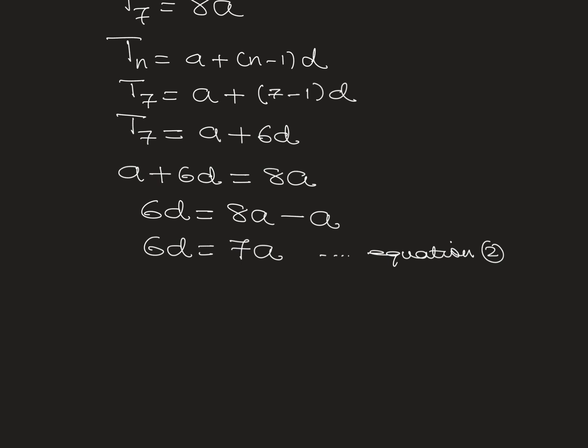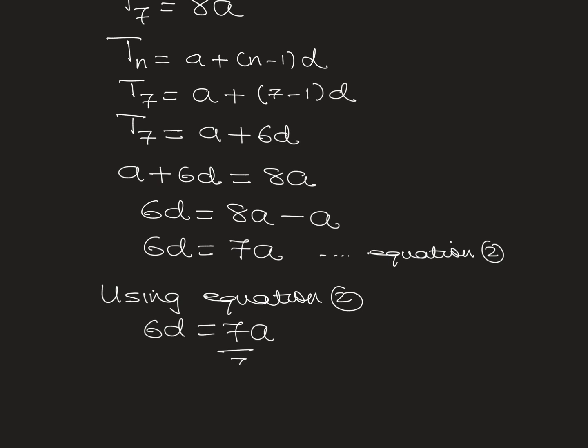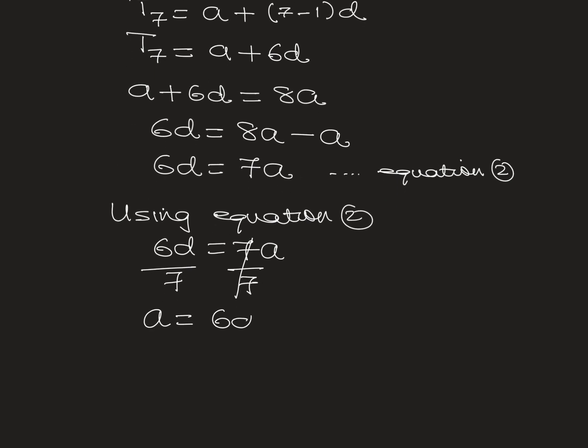From equation 2, which is 6d equal to 7a, if I want to find a, I will divide both sides by 7. So a is equal to 6d all over 7.